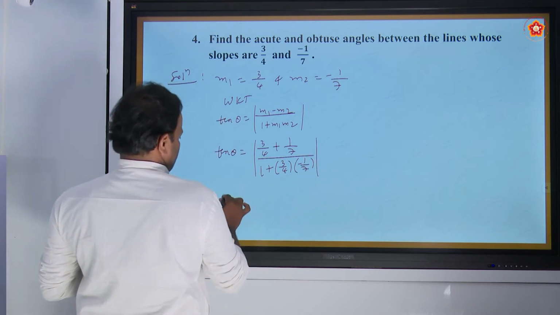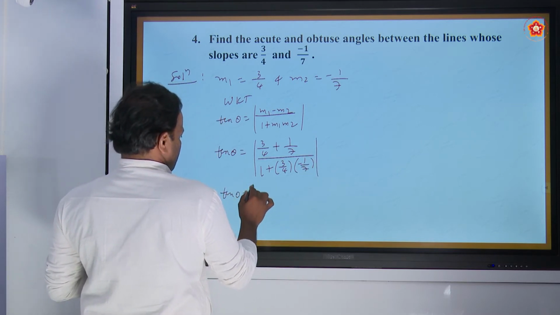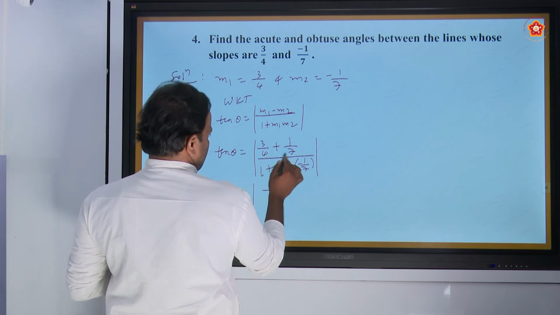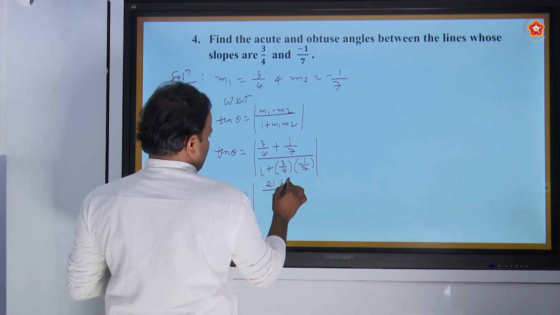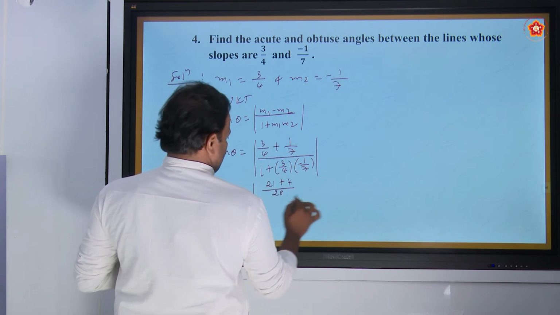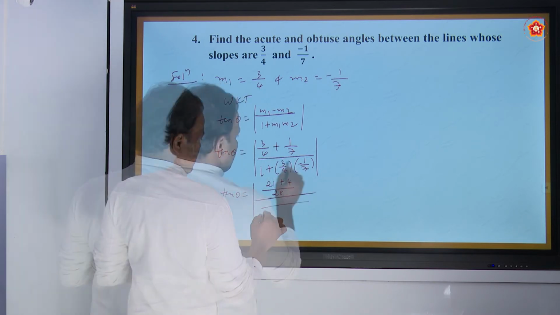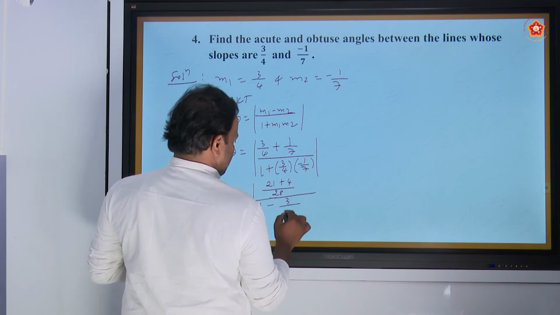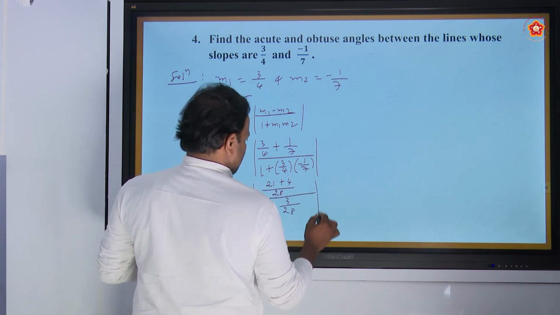On simplification, tan theta is equal to mod of, LCM is 28, 7 times 3 is 21 plus 4, whole divided by 1 minus 3 by 28, and 28 ones are 28.